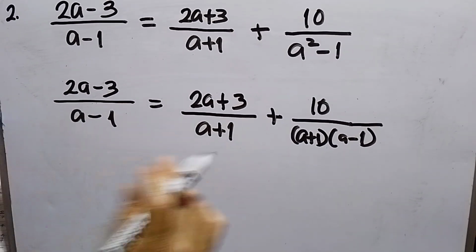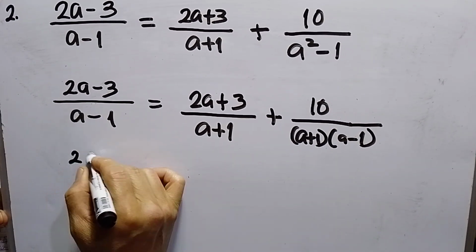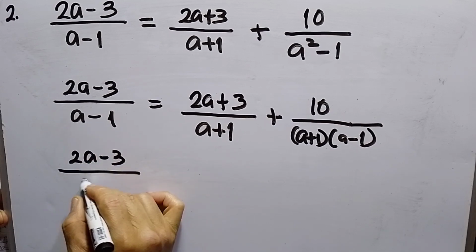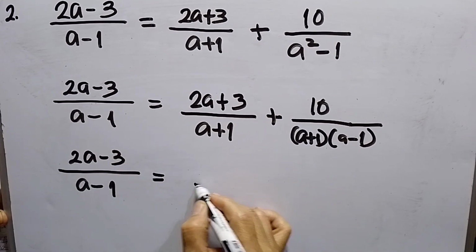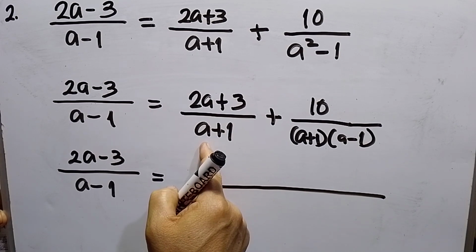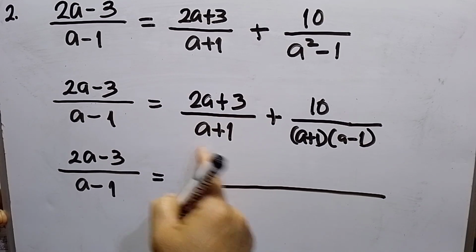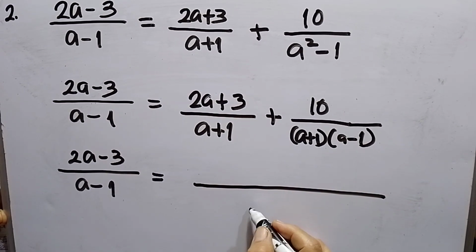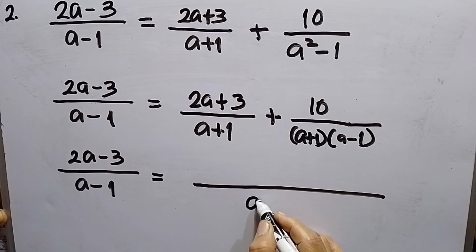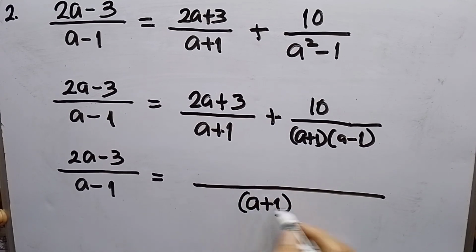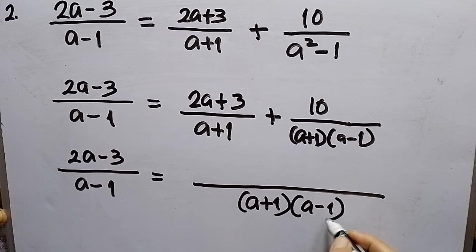Then next, I need to find the LCD. So the LCD between these factors, a + 1 and a − 1, is (a + 1)(a − 1).